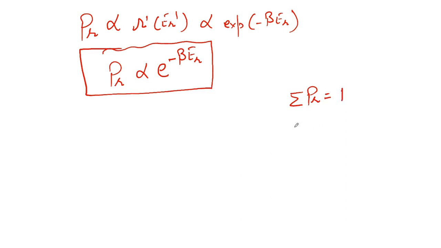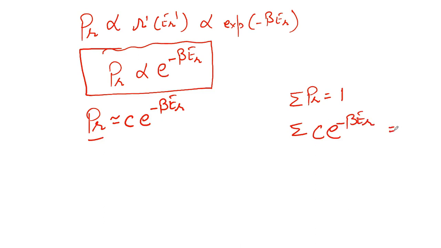So PR, so when I open this, this is a constant C times exponential of minus B into ER. Now putting the value of this PR, it comes out to be C into e raised to power minus B into ER summed, that is equal to 1, and C is a constant, so it comes outside the summation.